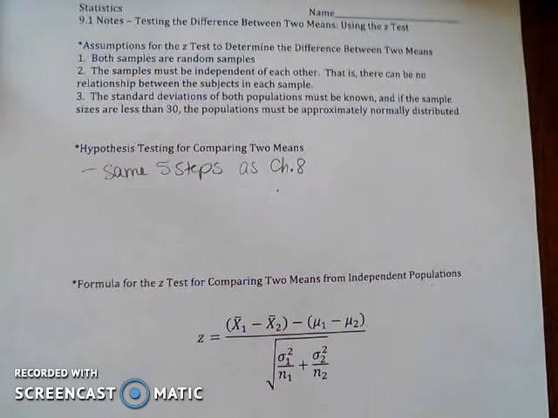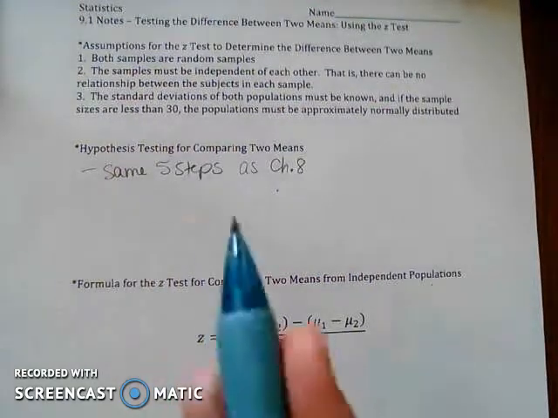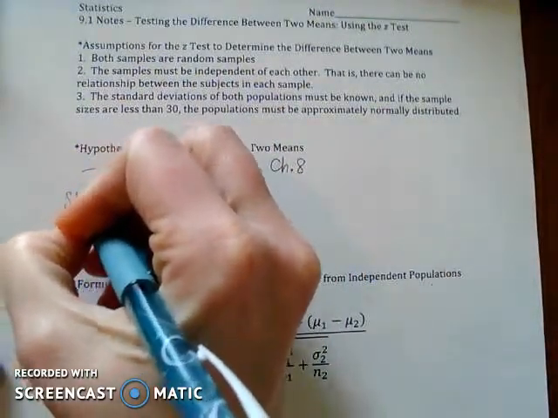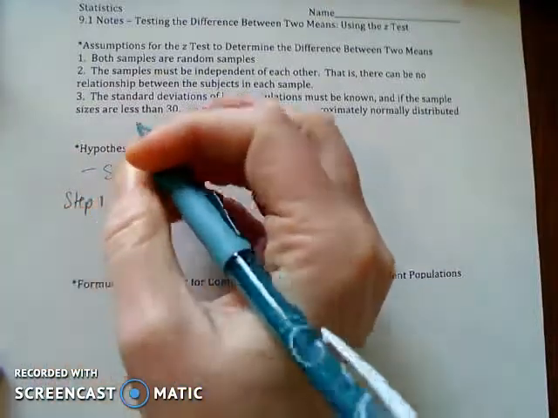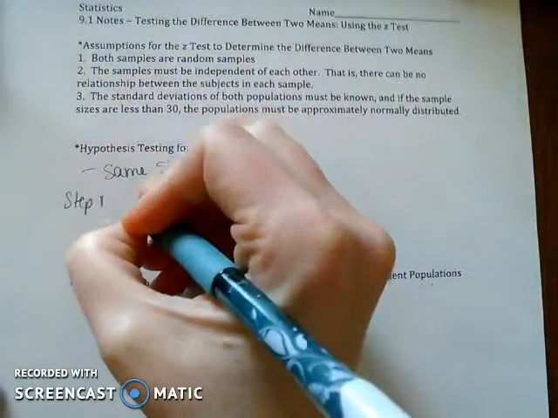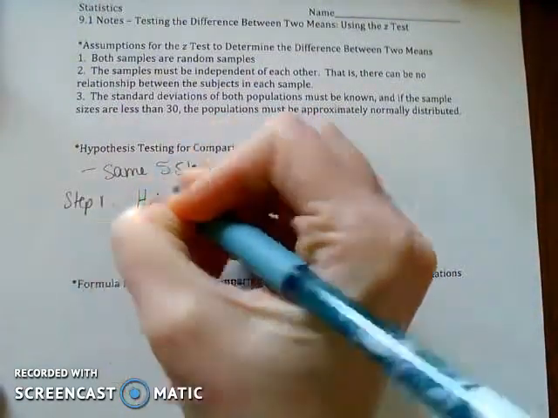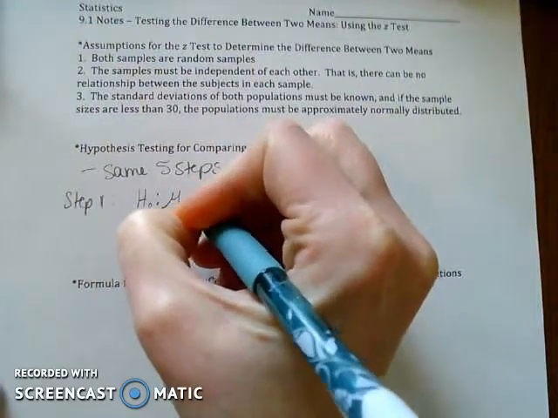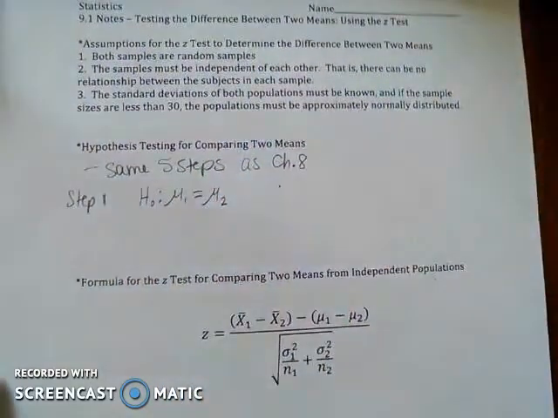Okay, so we're going to have our same 5 steps, but step 1 is going to look like this from now on, just for Chapter 9. So the tricky part when you put 8 and 9 together is to obviously know which step 1 you need to use. So your null hypothesis is going to be that mu1 is equal to mu2.